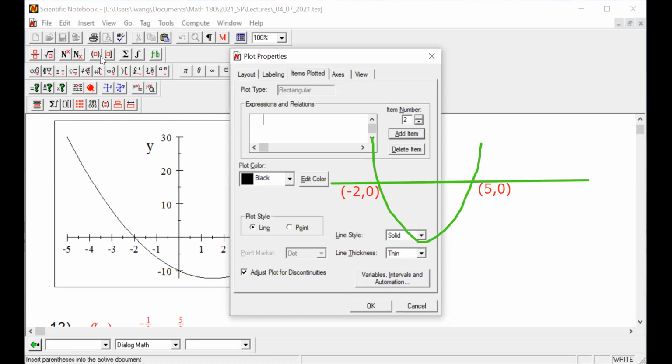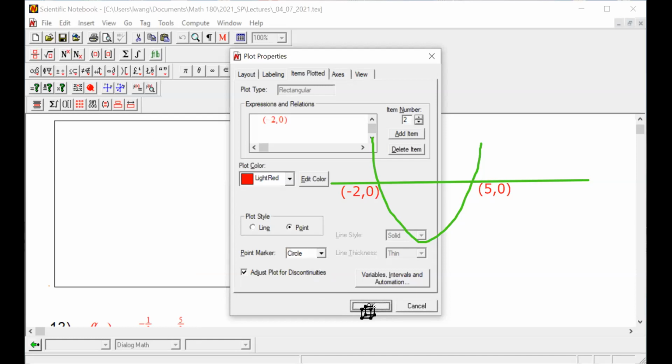I'm going to mark these 2 points with dots, right? You know how this goes, right? 5 comma 0. Actually, it should be circle, isn't it? It should be circle because we want it to be greater than 0, right?